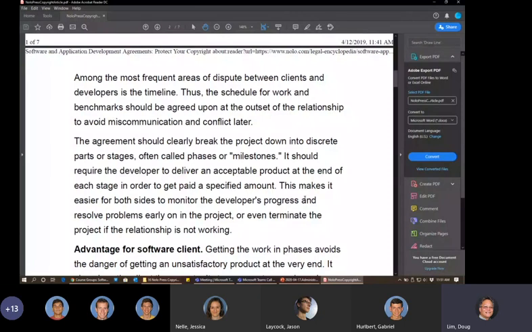This makes it easier to see where you're at and to monitor whether both parties are living up to their part of the agreement as you go through the contract. You don't want to get to the end of the contract and then realize there's a problem. Just like software development or project management, you don't want to wait till the end to find out there's a problem. You want to try to catch it and correct it as early as possible.